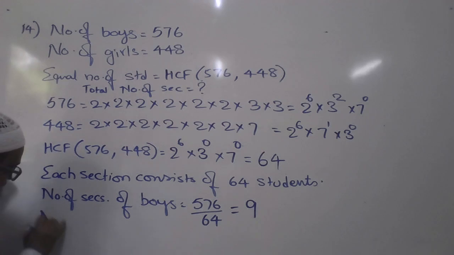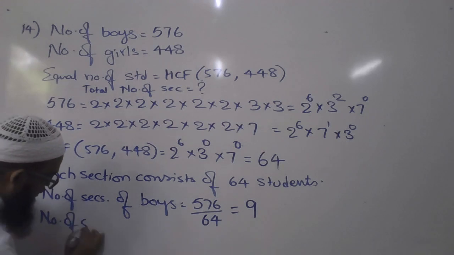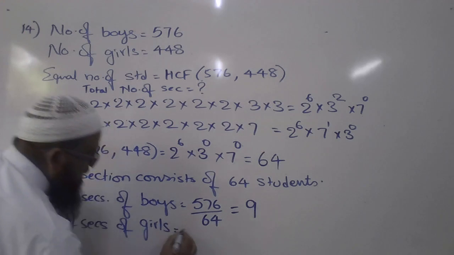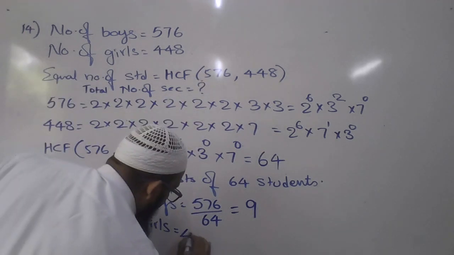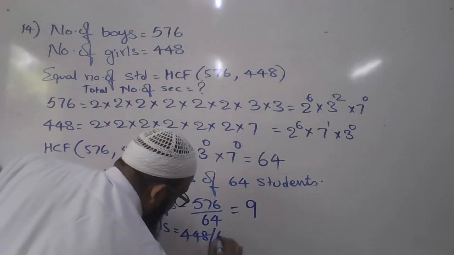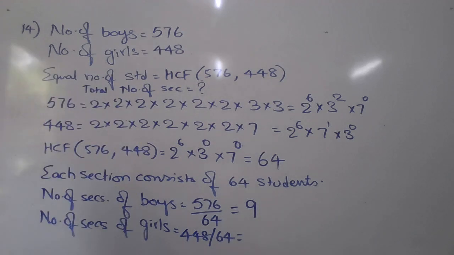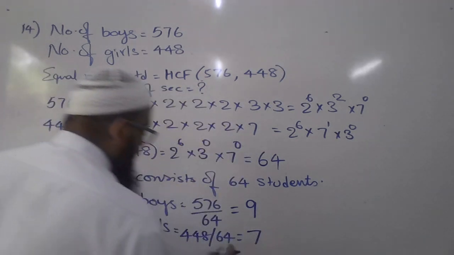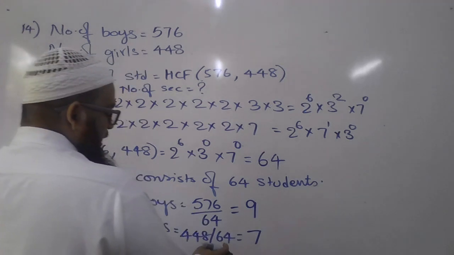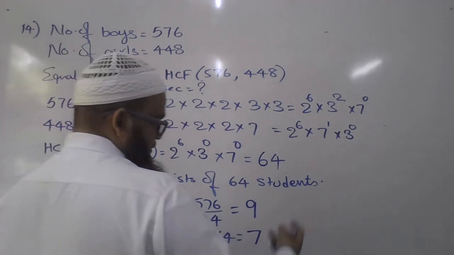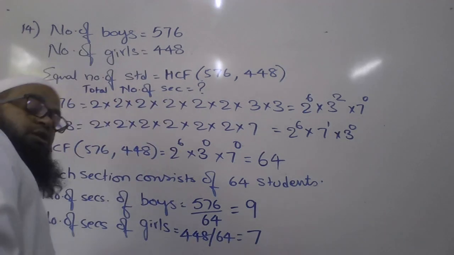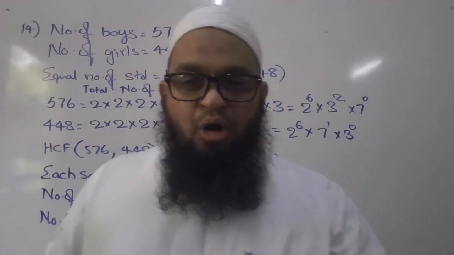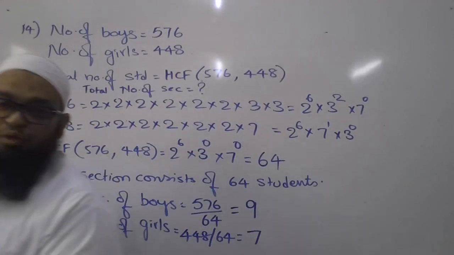Now the number of sections of girls is equal to 448 divided by 64. Is it 7? I think 7. 7 4s are 28, carry 2. 7 6s are 42, 42 plus 2 is 44, giving 448. Very good. So how many sections of girls? 7 sections.